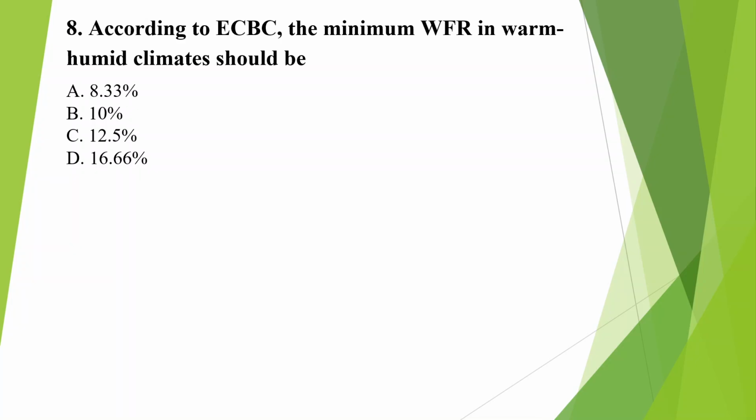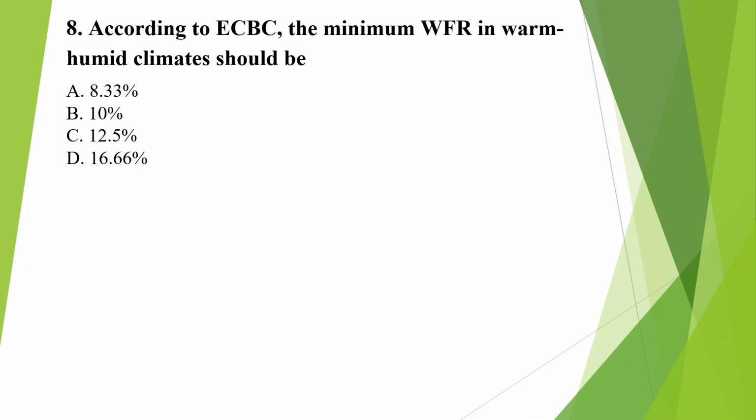Since it has been asked about the warm and humid climate, the minimum WFR was 16.66%, but it could also have been asked for other climatic zones like composite climate, hot and dry climate, temperate climate or the cold climate as well. So for other climate conditions also, this WFR ratio can be determined.